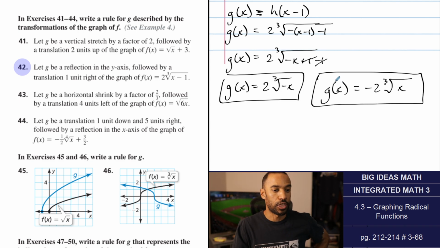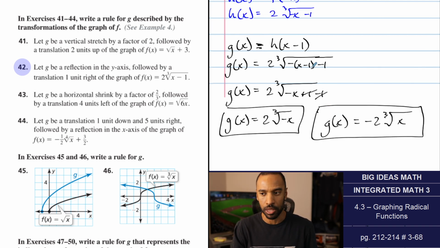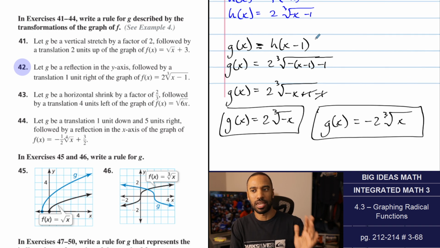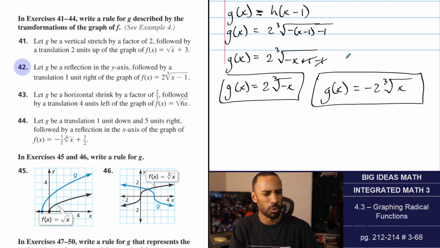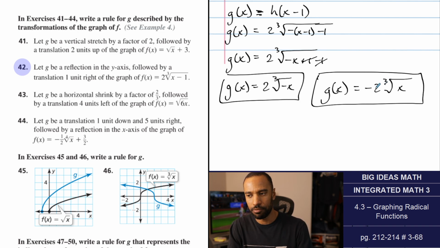The only one thing is, because it had a minus 1 on the inside to begin with, it only affected the x, right? But the minus 1 is still there. So there are some things that are different here with horizontal reflections versus vertical reflections, or over y versus over x, when the minus 1 is already inside of there. But now that it's taken care of, you can factor it out. Okay, one or the other.